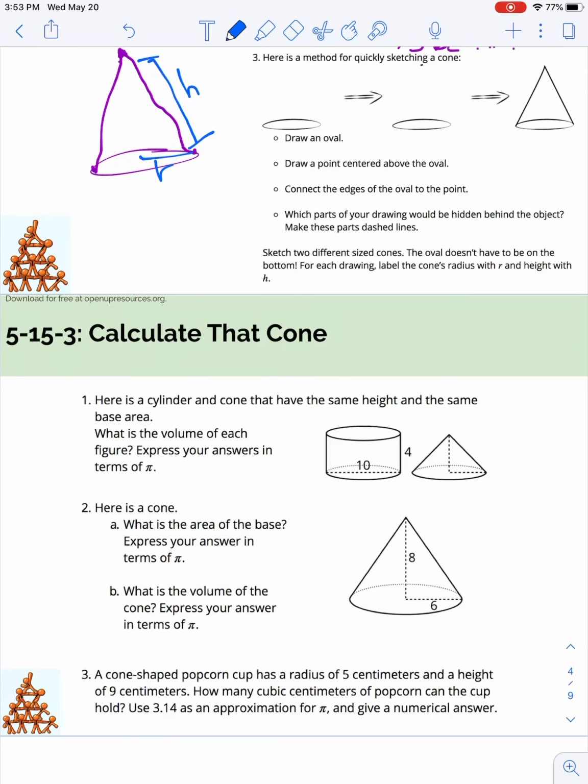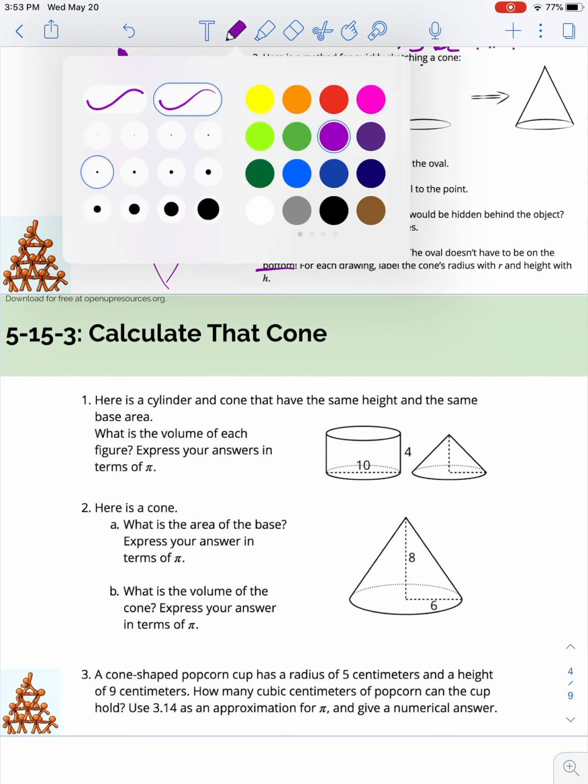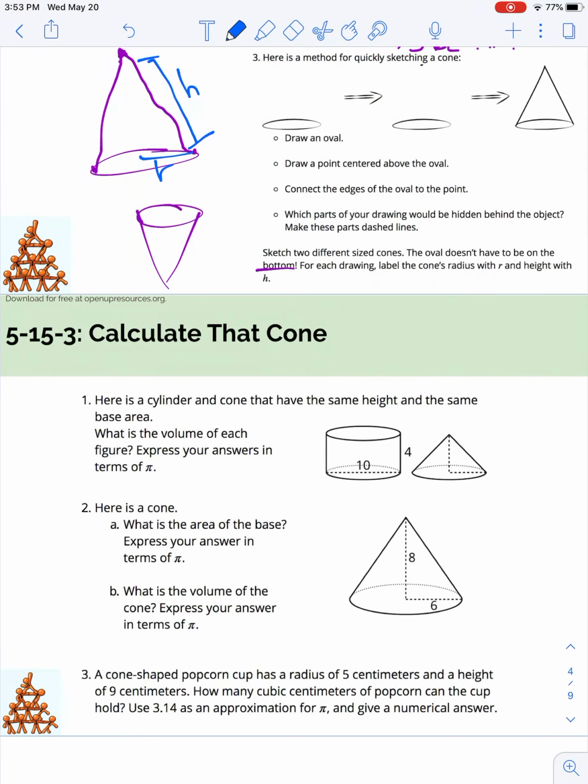Does that make sense? What they mean by the oval not having to be on the bottom is that you could draw it this way. That's all it means. And then same thing, R and H. Done.